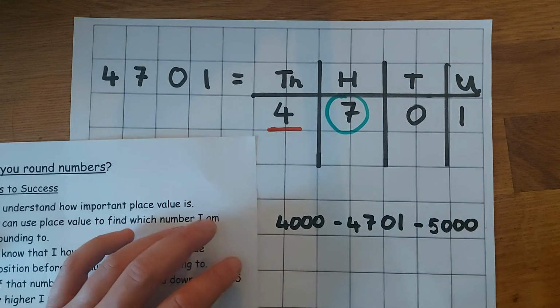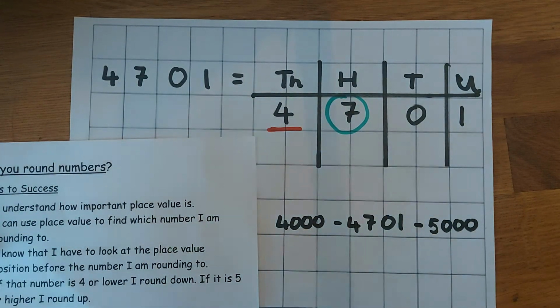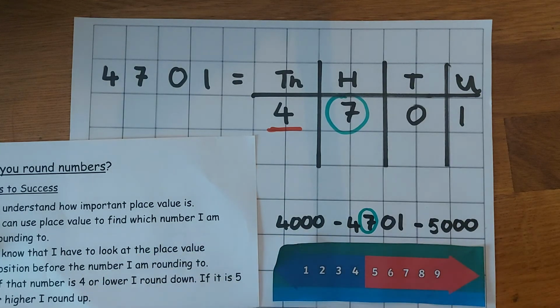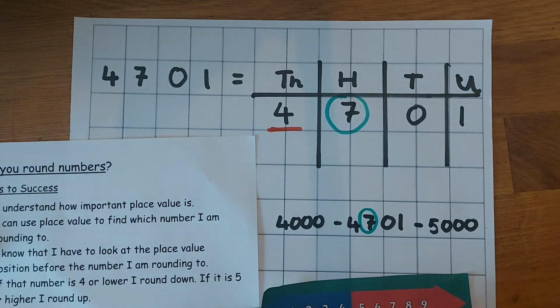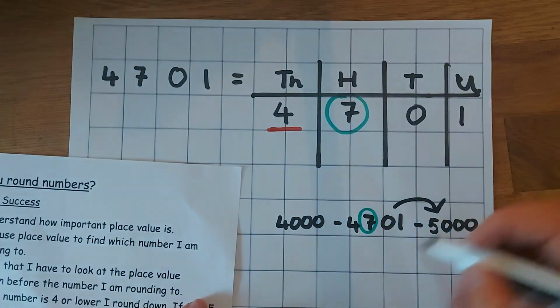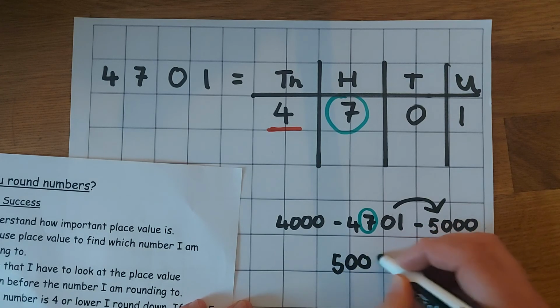Remember, and I'll use the same color here, it is this number which is telling us to do it. And here we go, it is above 5, 7's there, so it means we would round up to the 5,000. So the answer there would be 5,000.